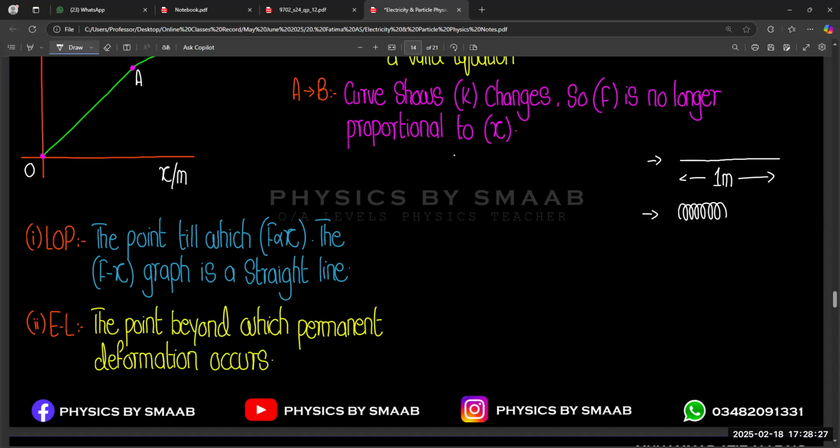If we try to extend more than 1 meter, definitely the wire starts to break into two pieces, right? So that's why option A is correct. Because if you consider option B in the graph, you observe that extension is still increasing. So it means in option B, the spring will not reach its breaking point. It is still expanding, right?